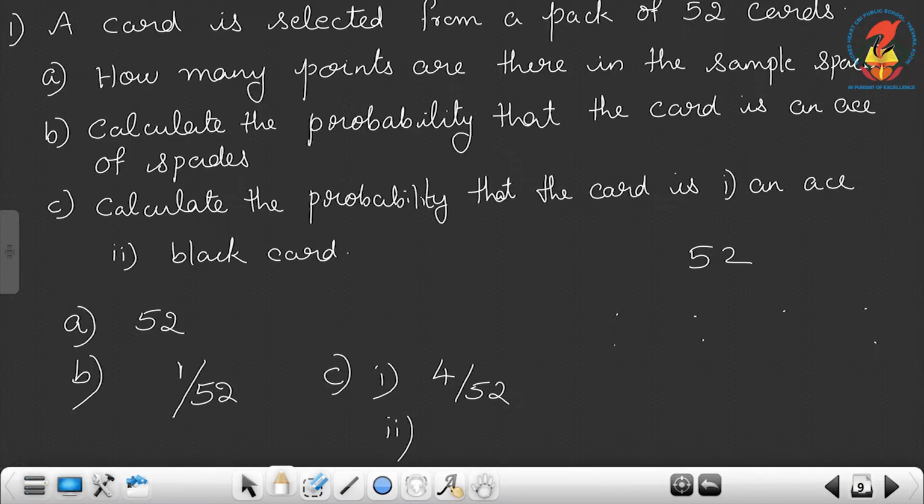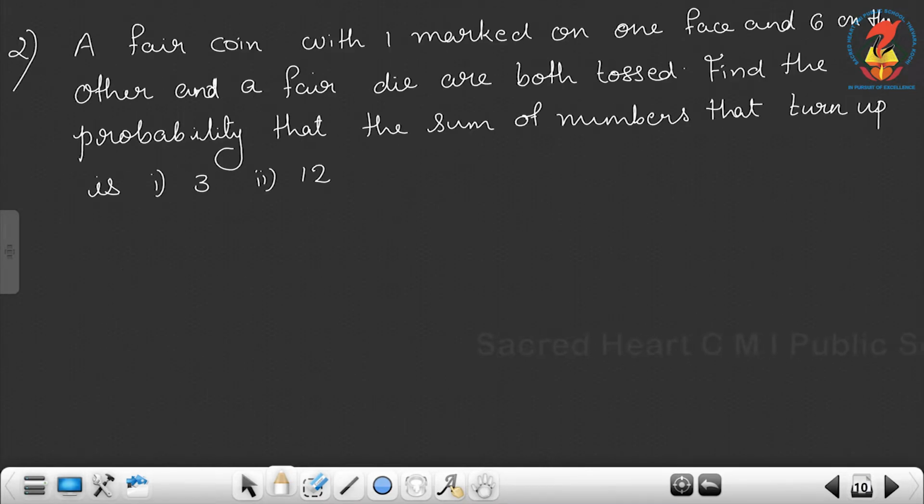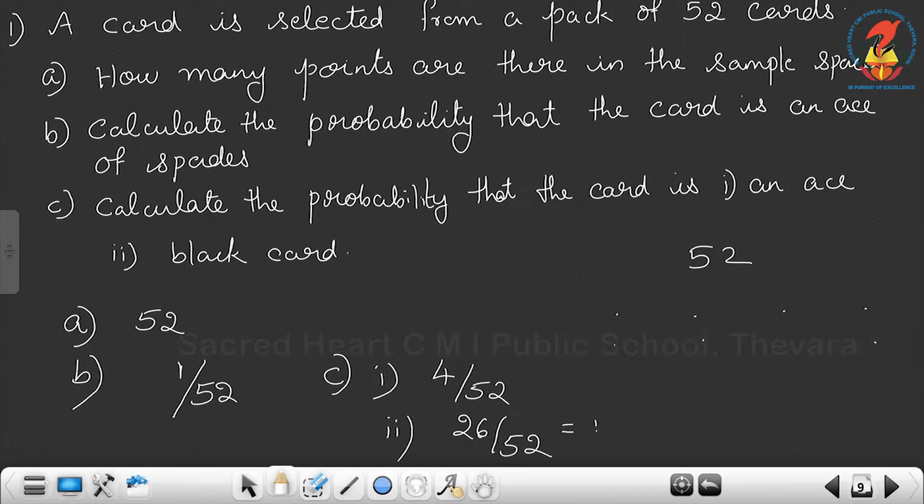How many black cards? 26 black cards are there, so 26 out of 52. 26 black and 26 red. You can simplify that, 26 by 52 is 1 by 2. Here it is 1 by 2 and this one is 1 out of 13.